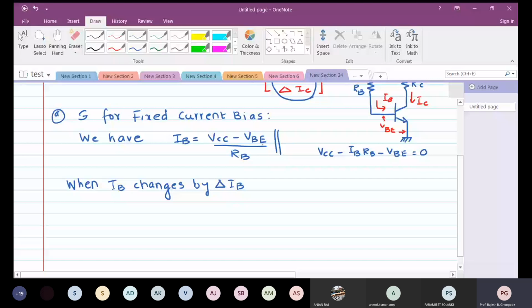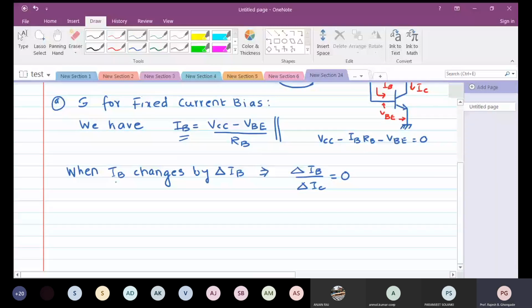IC is not at all involved in this equation, you see. So I can infer that delta IB by delta IC is equal to 0, simply because IC is not involved in this equation at all. Is that okay, guys?